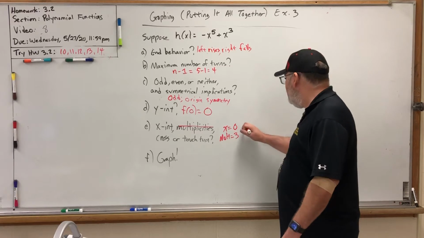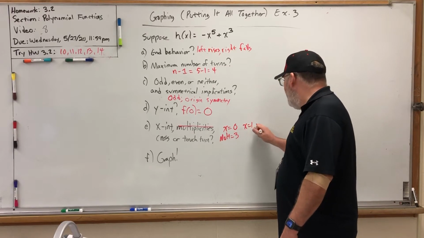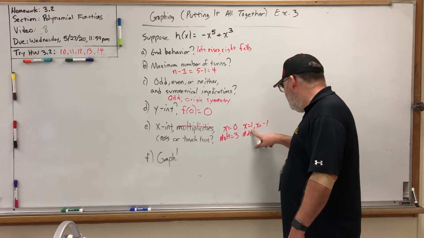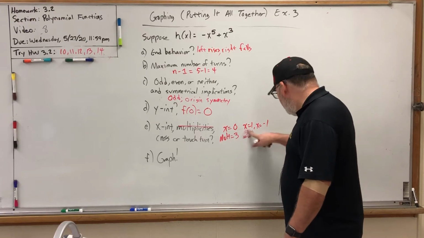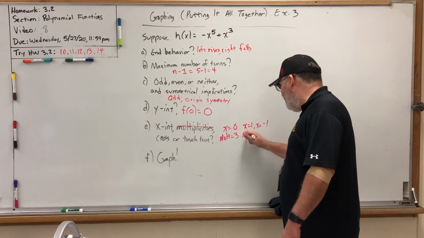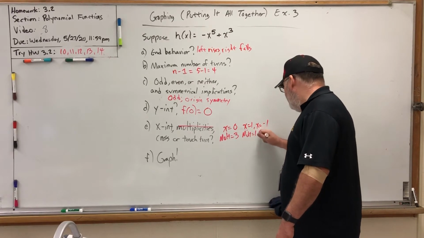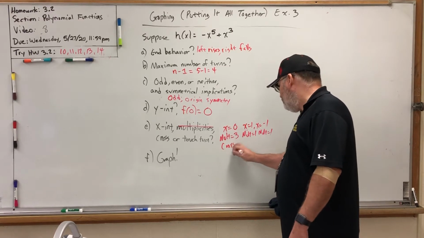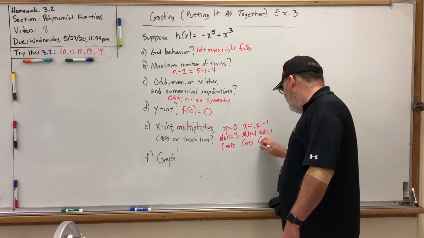Go back and check it. The other x-intercepts were 1 and negative 1, but their multiplicities were both 1. Sorry, folks, I wasn't planning on writing multiplicities, but there's a subtle point I want to make. Each of these multiplicities were 1, and it crossed in all of these. Cross, cross, and cross.